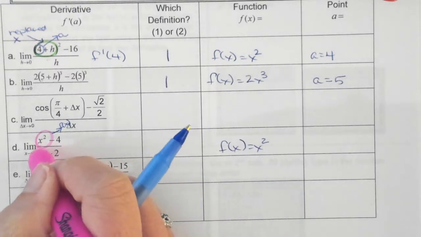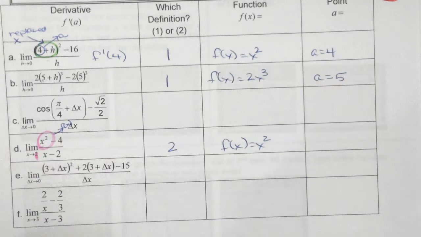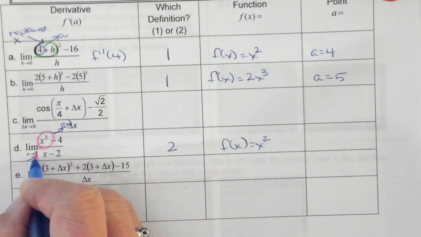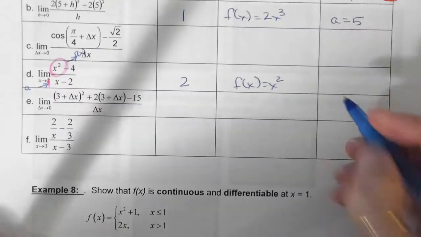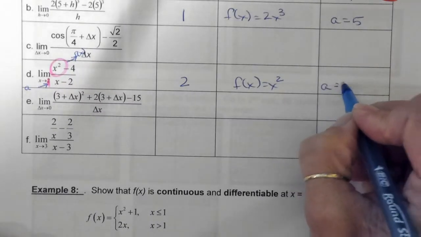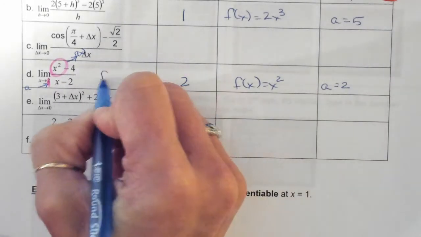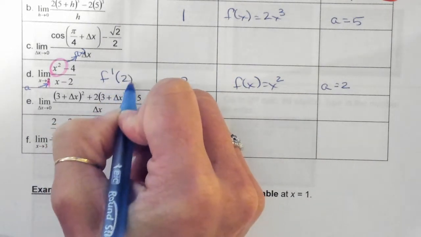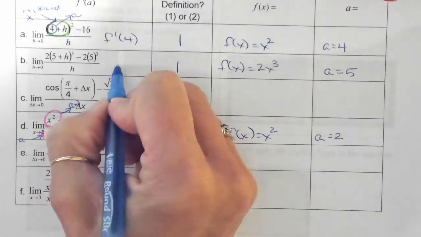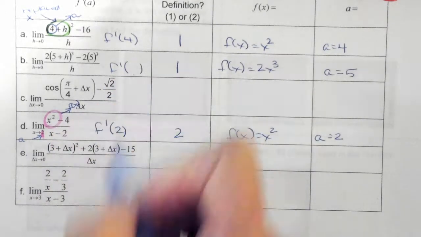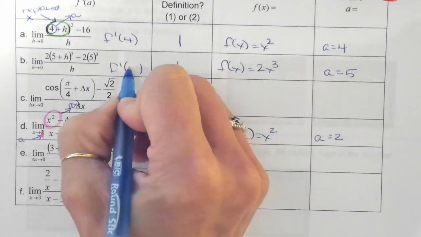Right here, this number, this is your a value. So now we have a of 2. So this is f prime of 2. What was this right here? This is f prime of 5.